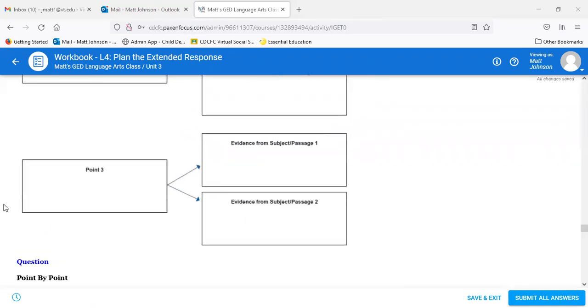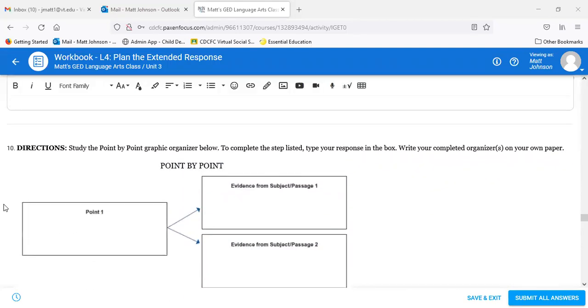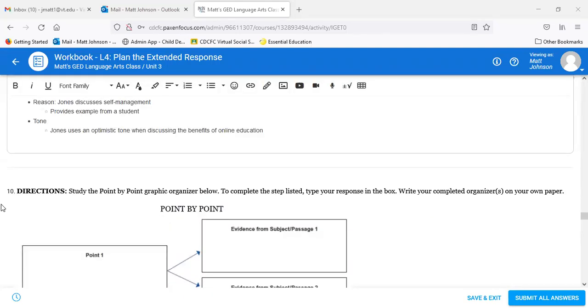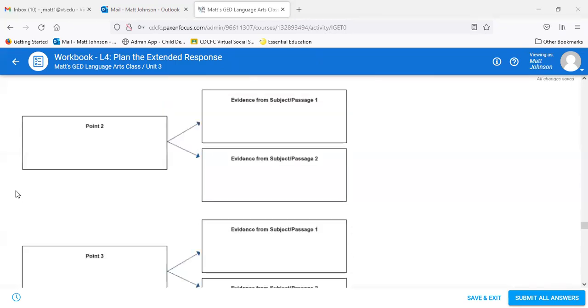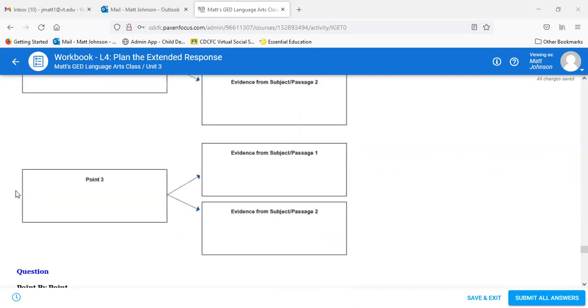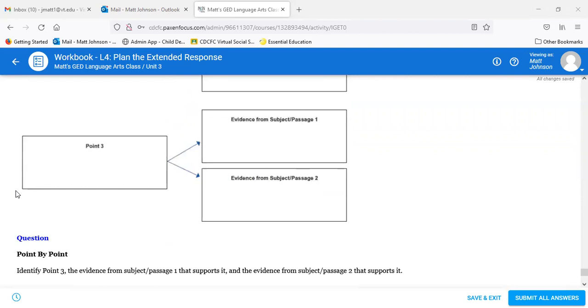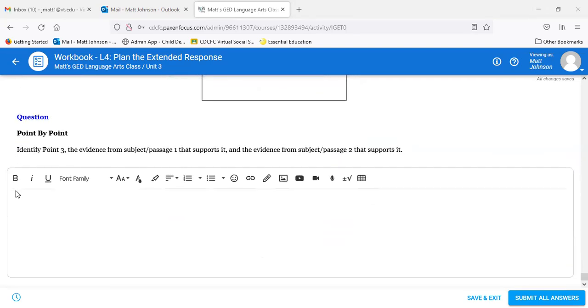But same thing, right? We're just using point by point, just more practice. So I don't see a reason why we need to do this again. This is exactly what we did, point by point, right? We gave 3 points. We offered evidence from each passage. It's basically the same thing.